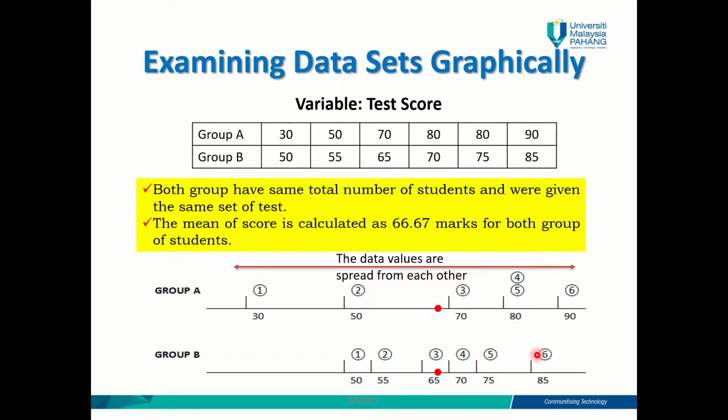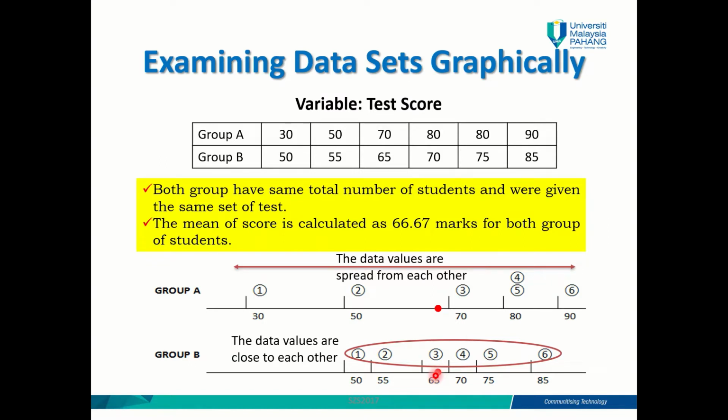Now let's look at group B. In group B, the data values are closer to each other, right? And when they are closer to each other, you can also see that the data values are closer to the average value. Compared to group A, the data values in group B are much closer to the average value, which is 66.67 marks.